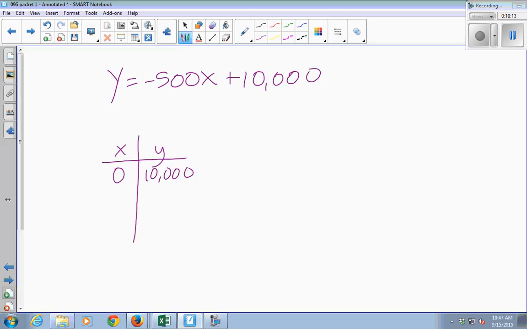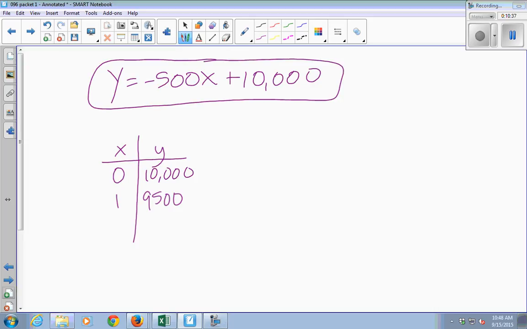So at year 0, the car was worth $10,000. What about 1 year later? If I put in a 1 for x, I have -500 times 1 plus 10,000, which is 9,500. I could keep putting in x's and getting y's, and this tells me the value of the car. So this is an equation that models the value of the car. X represents how old the car is, y represents the value of the car, and that equation describes every possible value of the car in time.